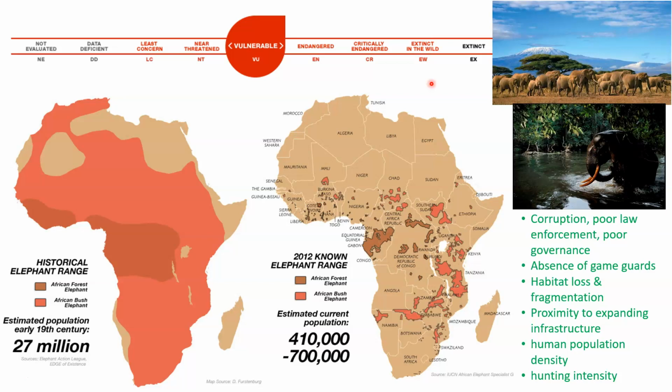The conservation problems can be summed up as a handful of issues: corruption, poor law enforcement, poor governance, largely in Central Africa, in the Congo Basin. There are lots of problems. The government-sponsored political corruption is skyrocketing, and it's getting worse. The law enforcement, if it exists, is extremely poor.